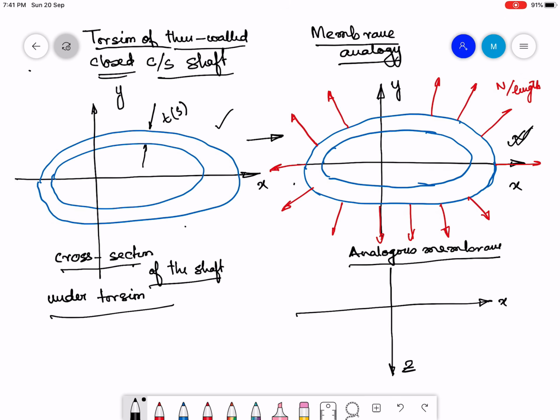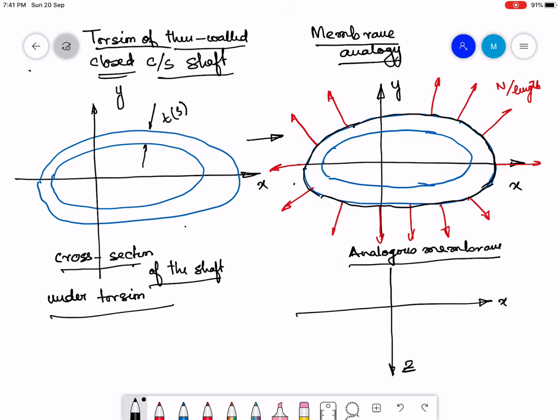The second criteria is that the analogous membrane is supported on the outer edge, so that there is no out of plane deformation.